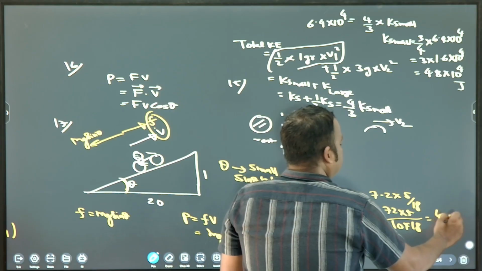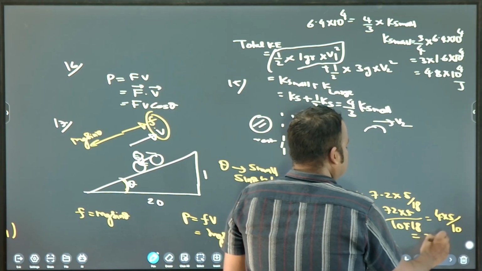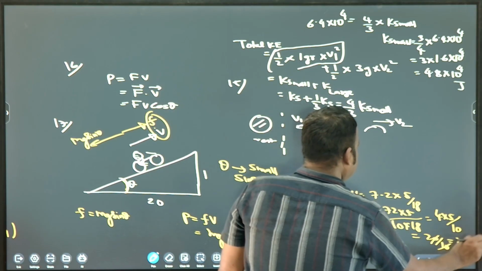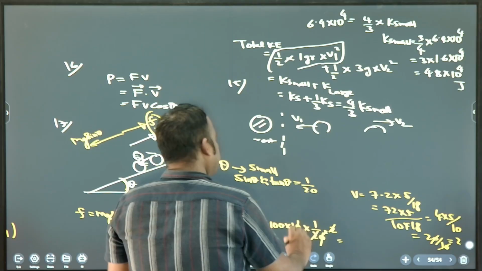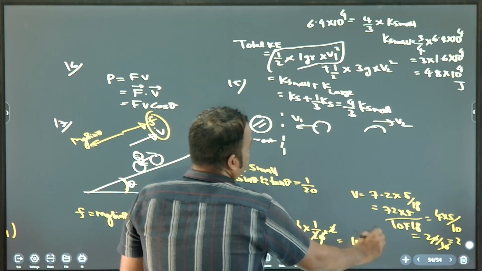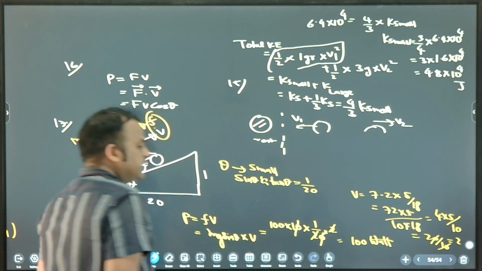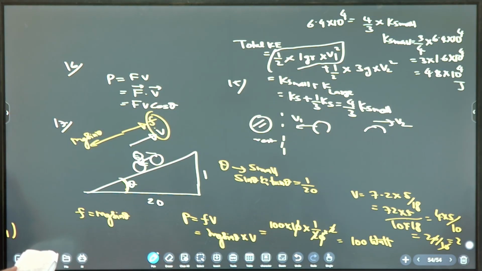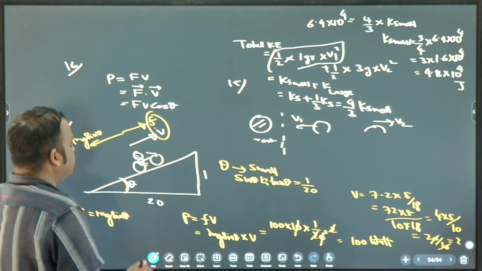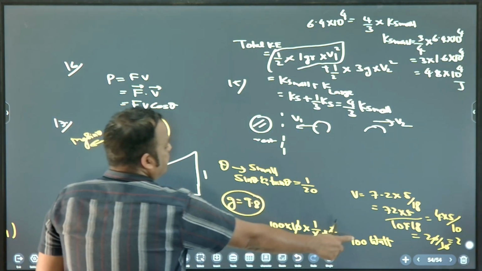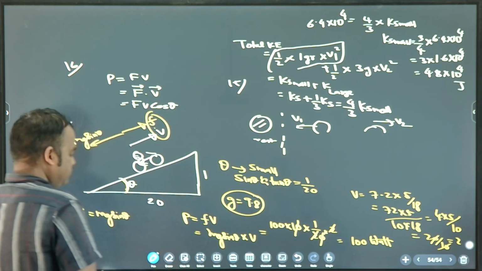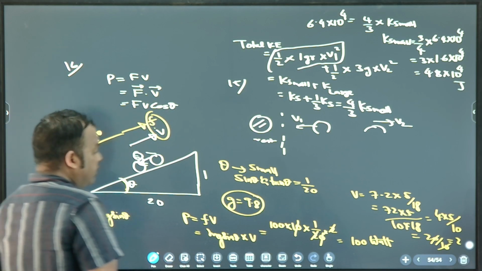So 4 into 5 by 10. 20 by 10. So 2. So 2 to cancel. 10 cancel. So 100 watt. So it is 98 watt. If you take G value 9.8, you will get 98 here. Okay, 18.